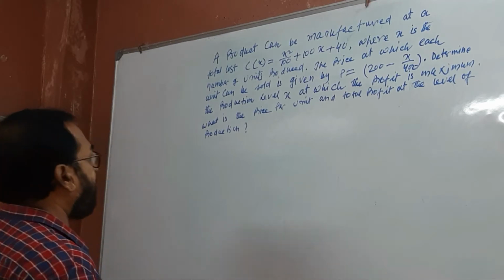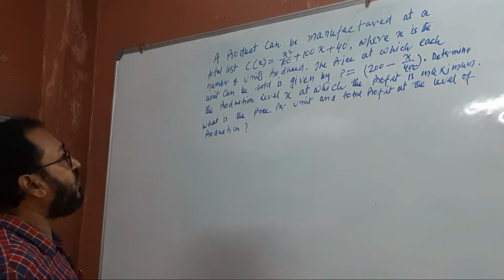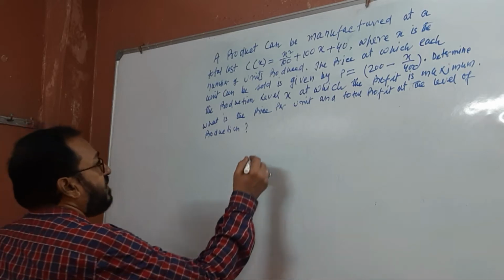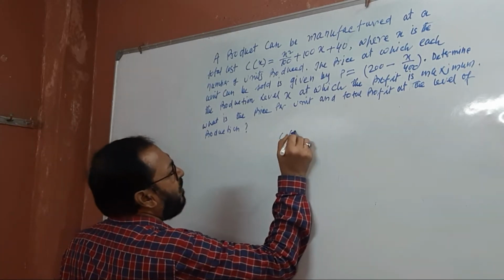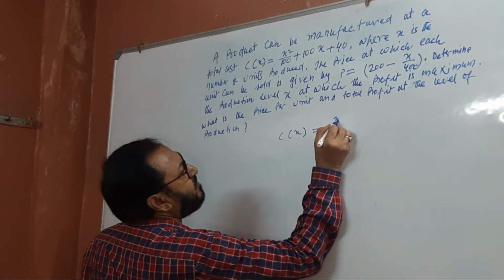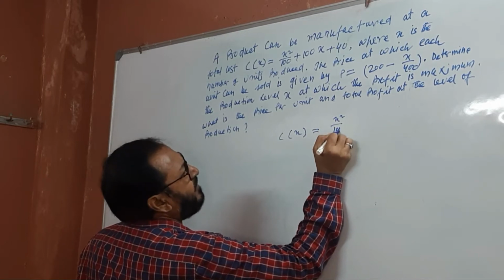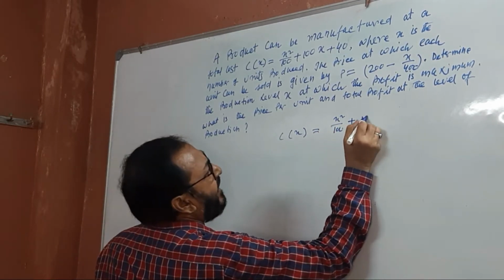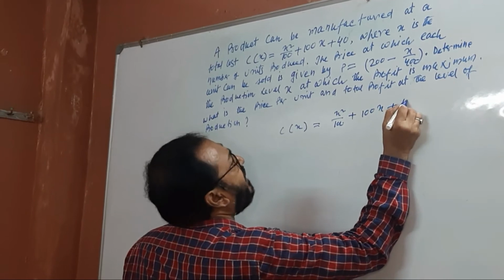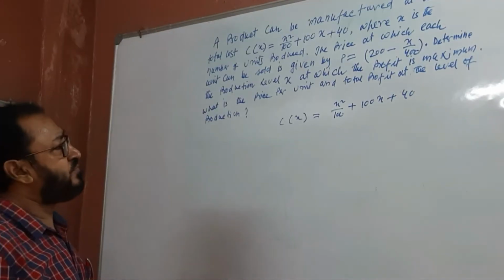So first, whatever is given: price function and also cost function. So cost function C(x) equal to x squared by 100 plus 100x plus 40. This is the cost function.